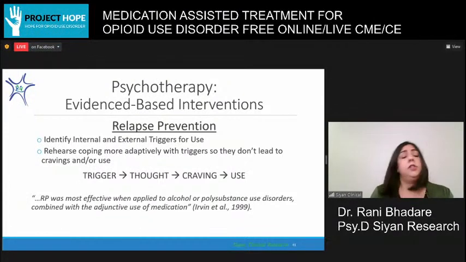Oftentimes with relapse, there's feelings of shame, and that's something we want to work with in therapy, to translate shame into a moment of a lesson or an insight. And we help patients decipher between healthy guilt and toxic guilt. Healthy guilt serves us, and yes, guilt and shame are different, but both are felt often in relapse.